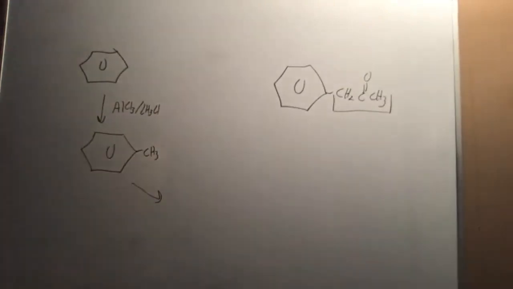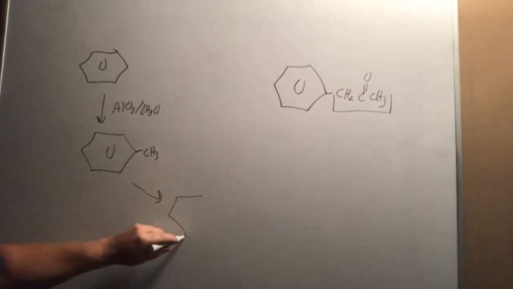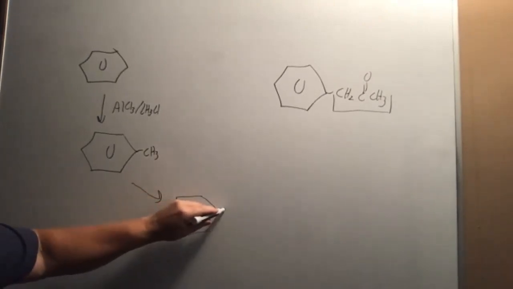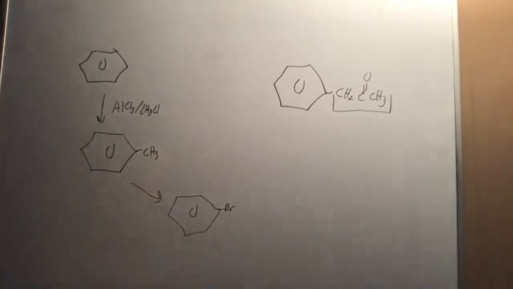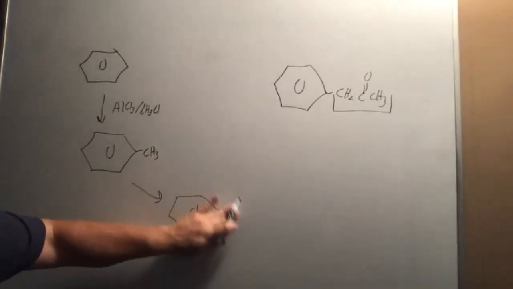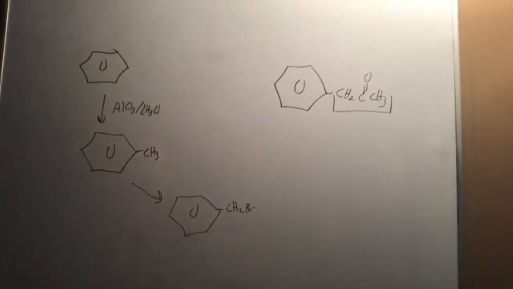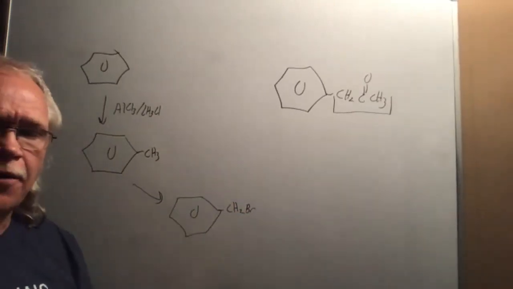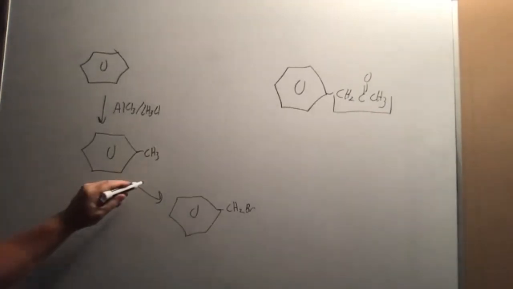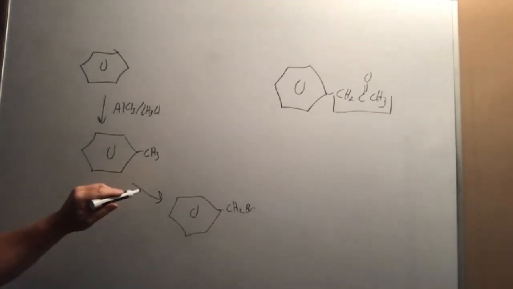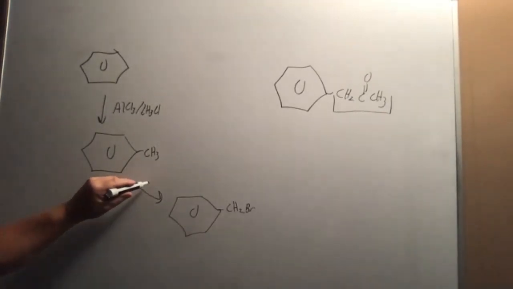Then I'm going to take that and turn it into a bromide. Whoops, not a bromide, sorry, a CH2Br. Because if I could put a bromine on there, I might be able to do some things. So then I'm going to do this, okay? How did I do that?